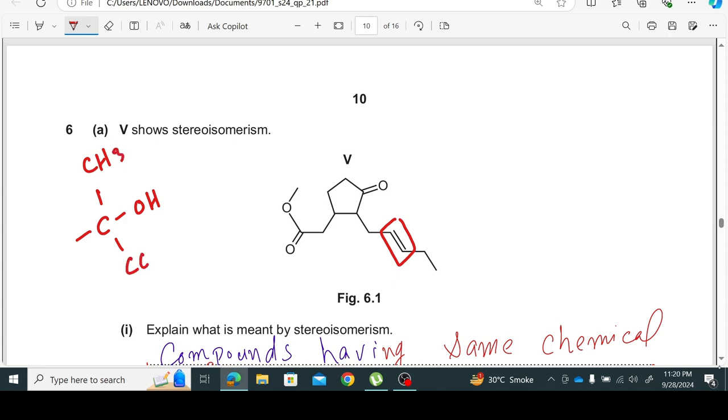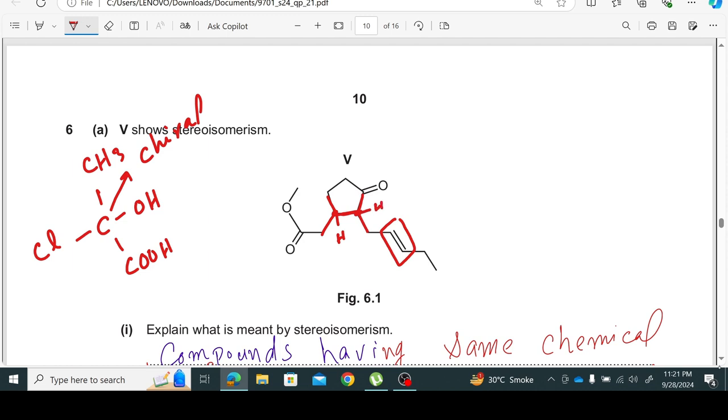So this carbon is a chiral carbon. We have to identify the chiral carbons. This carbon is one chiral carbon because it is connected with four different things: one, two, three, and the fourth one is hydrogen. Same here: one, two, three, and the fourth substituent is hydrogen.